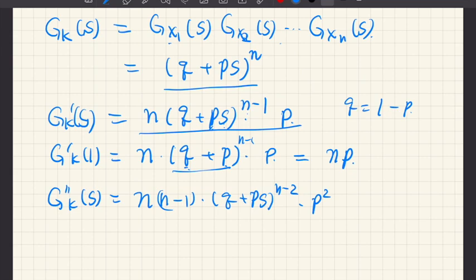If we put s equal to 1, what we have is n(n minus 1), and this is again 1, so we have p squared.